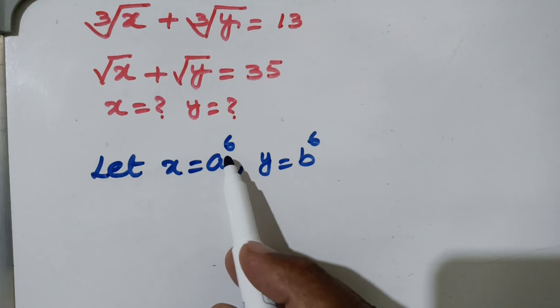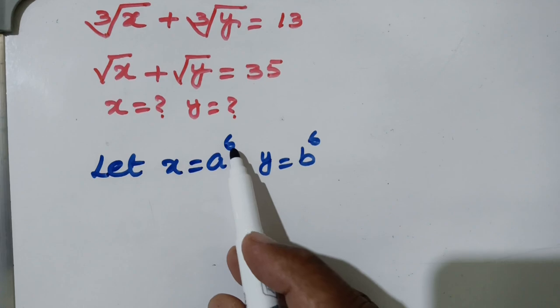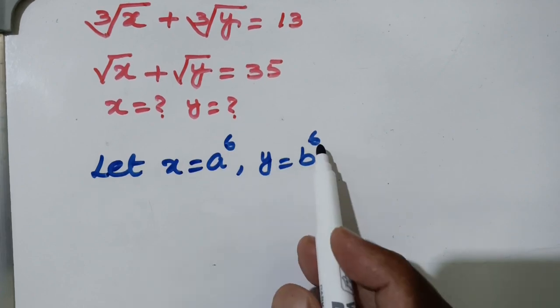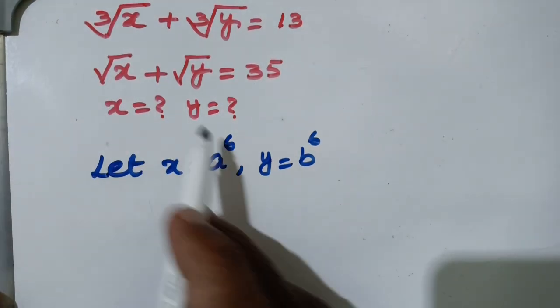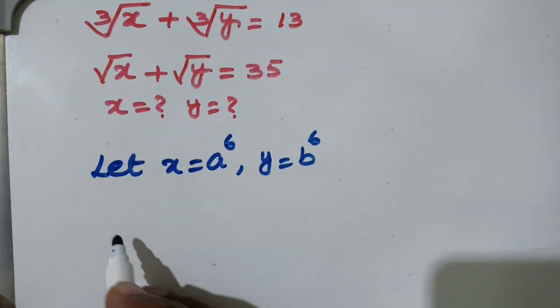Even x to the power of 12, x to the power of 18, all these are also useful. We can take them, but it becomes complicated. The least possible value of the exponent we have to take, so here it is 6. So after substitution, what do I get?